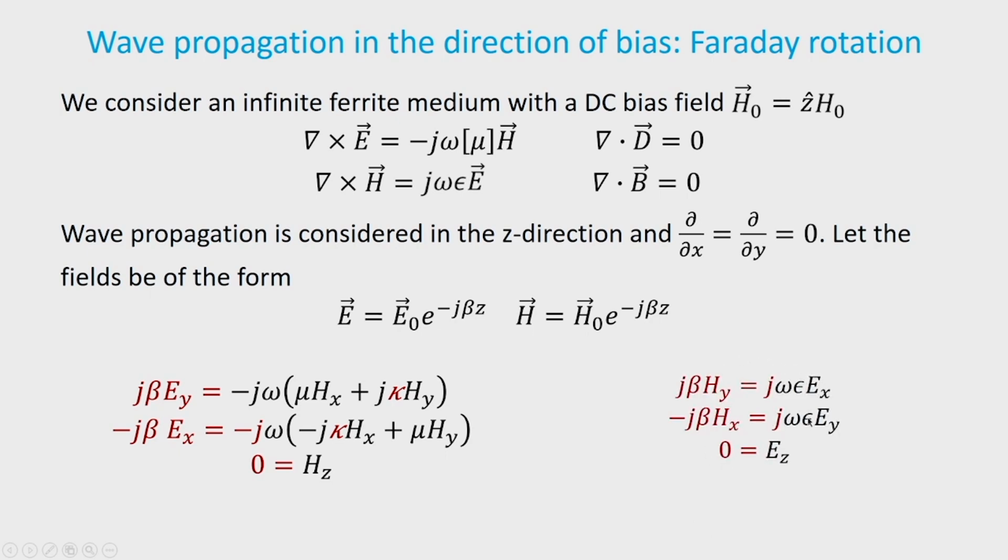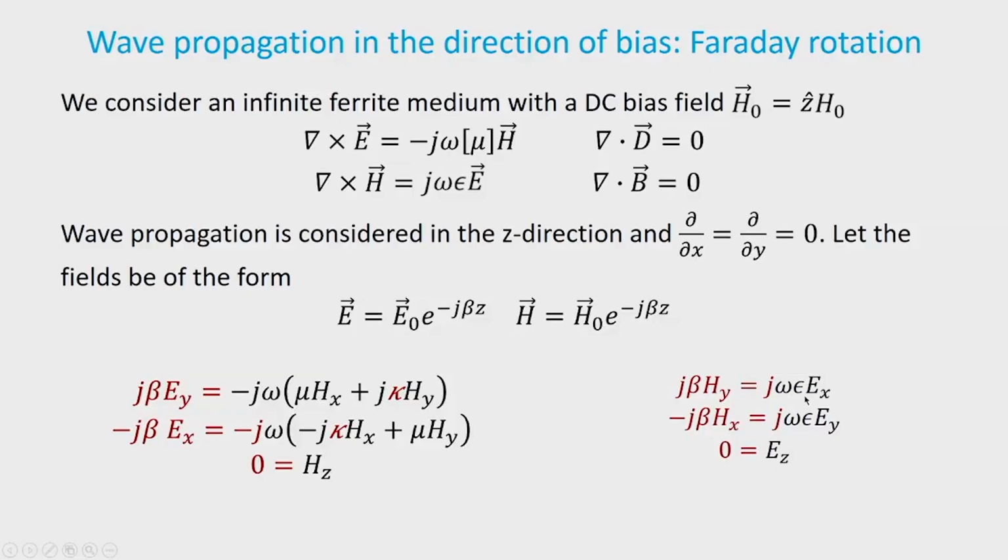Now, from this set of equations, we observe that the wave admittance H y by E x is equal to omega epsilon by beta.